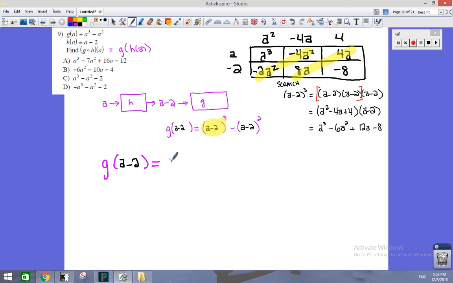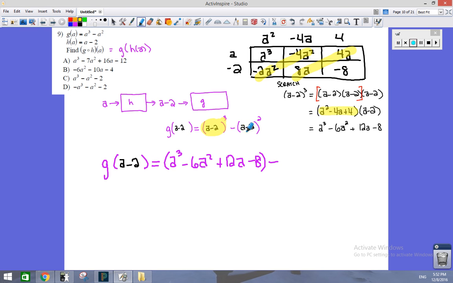It's over here. A cubed minus 6a squared plus 12a minus 8. And I got pretty lucky because a minus 2 along the way, well, the a minus 2 is right here.